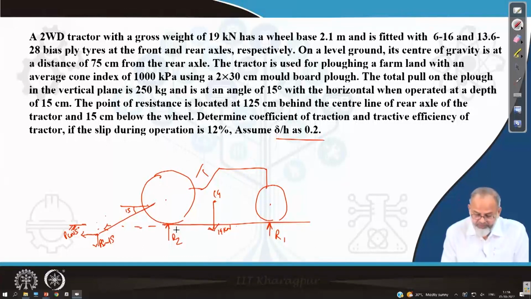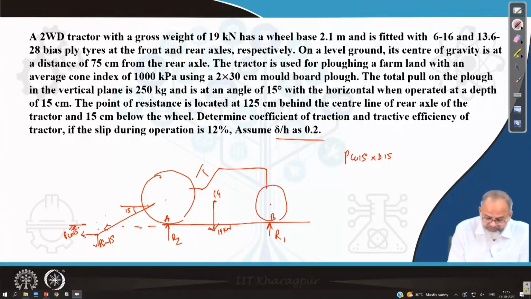So, now suppose these are the points A and B, taking moments about B. P cos 15 into 0.15, this distance from the ground is 15 centimeter, so 0.15.